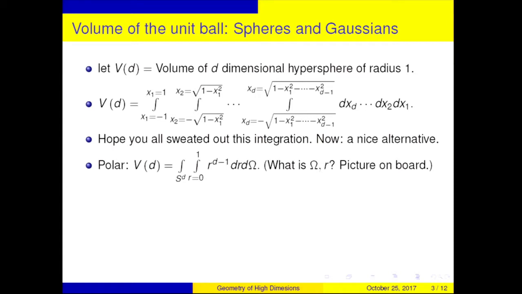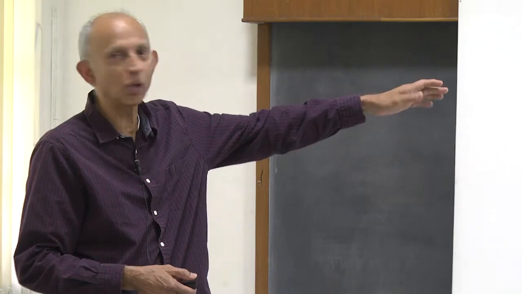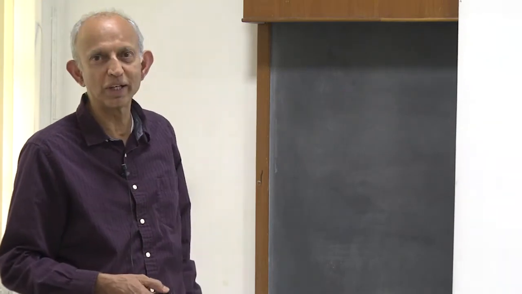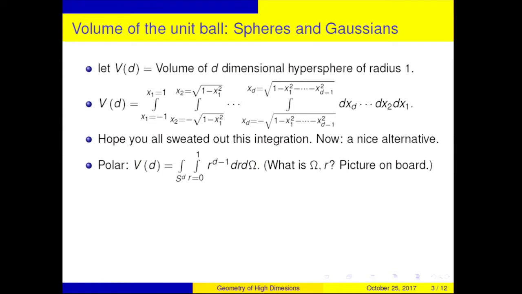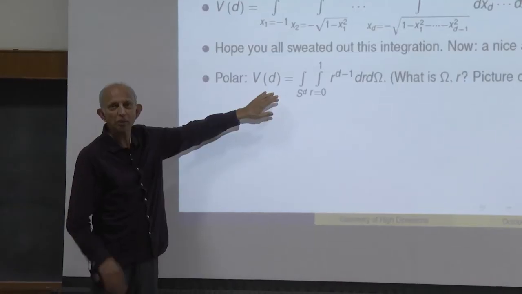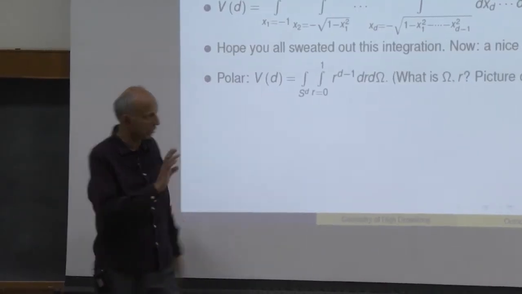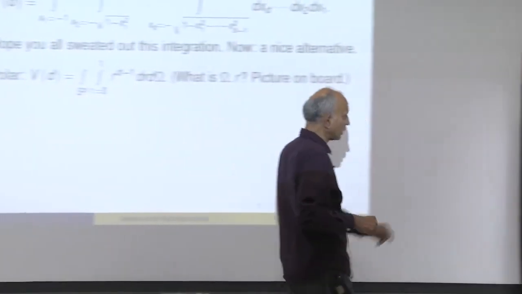So instead, we'll go to polar coordinates, the standard thing that we do in 3 dimensions. And I'm going to draw a little picture on the board. Now, in polar coordinates, I'm going to write this down. This seems completely obvious, except I'm going to try to impress upon you that this is not completely automatic in all cases, so you have to be a little more careful. But let's draw that picture.